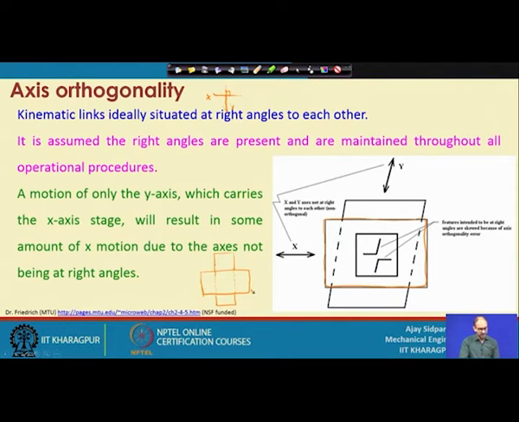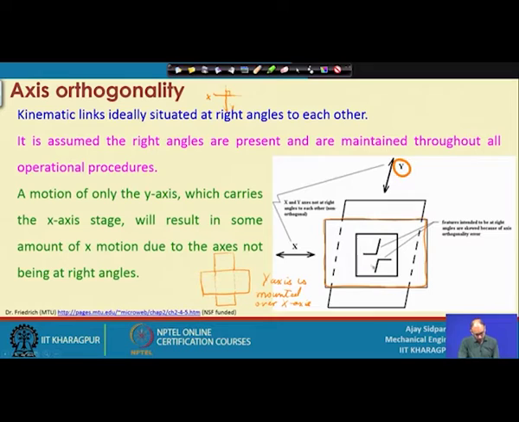So, this is the actual configuration. This dashed line tells us that the y axis is mounted over the x axis, correct. This is what is showing.